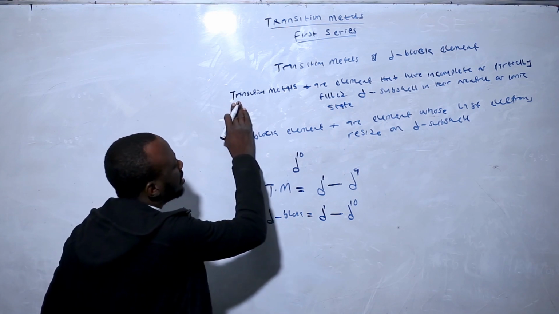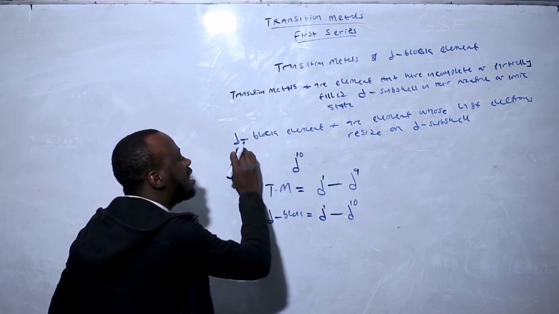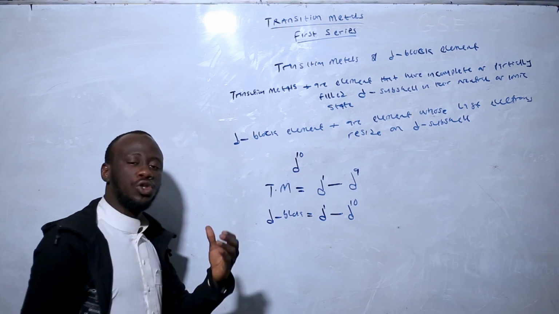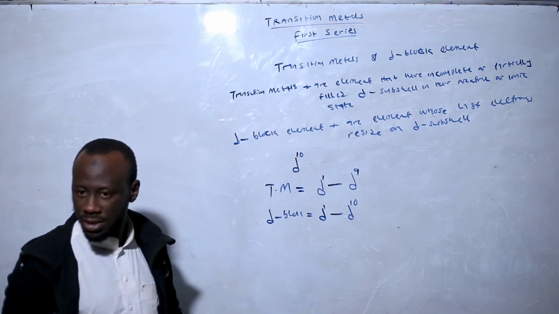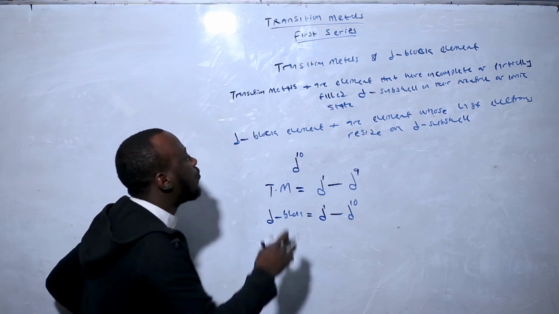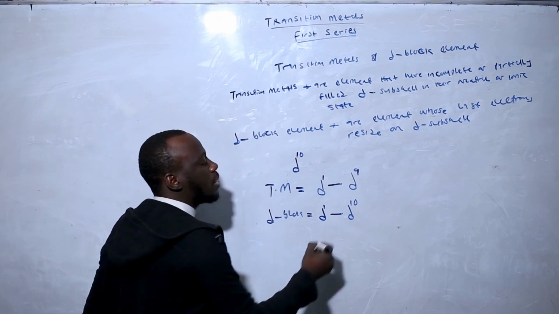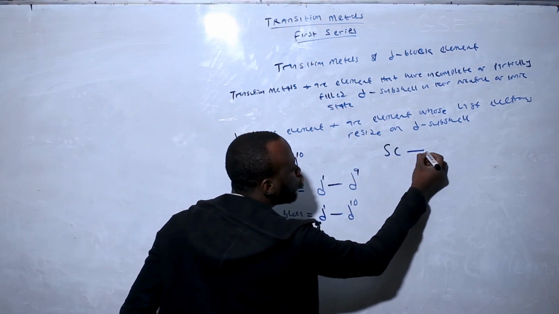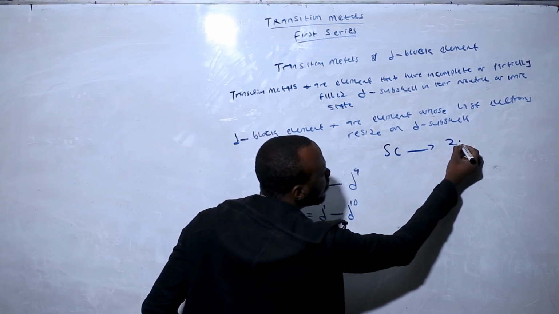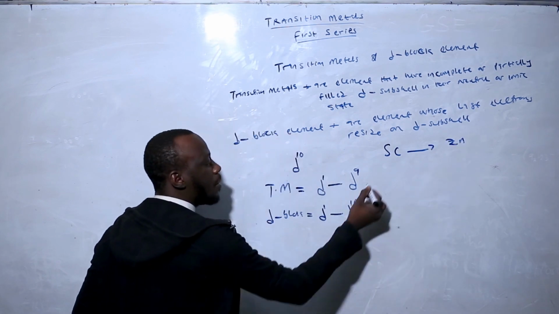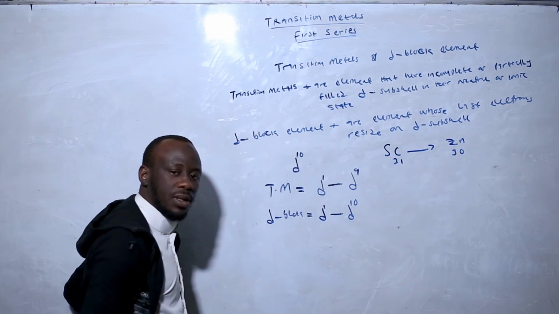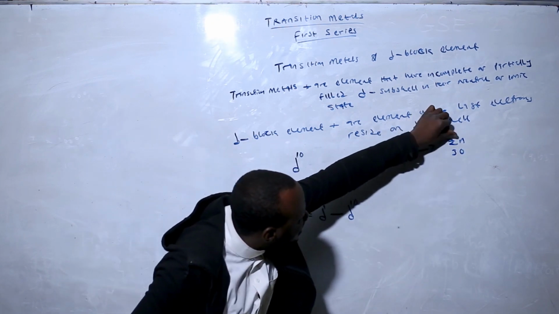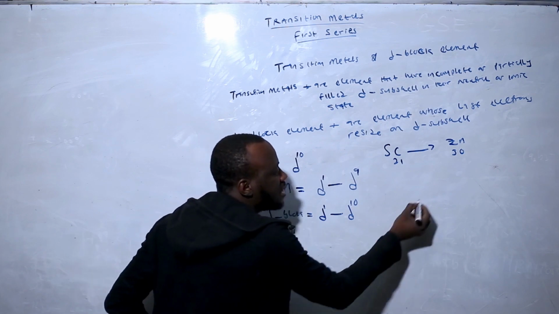That is why we say that all transition elements are d block elements, but not all d block elements are transition elements. For example, the first series starts from scandium to zinc. Scandium is number 21, zinc is number 30. Zinc in this case has d10.